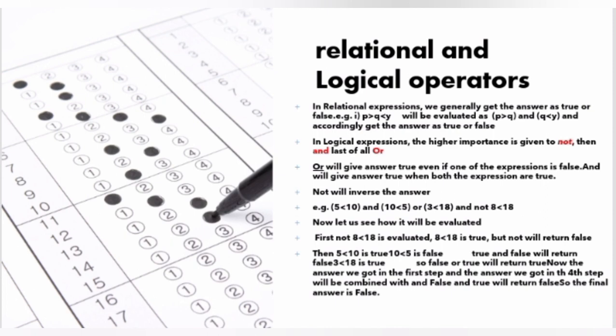The example I have given in the slide: 5 less than 10 and 10 less than 5, or 3 less than 18 and not 8 less than 18. So here, first of all, not will be given importance, as we can see in the expression.